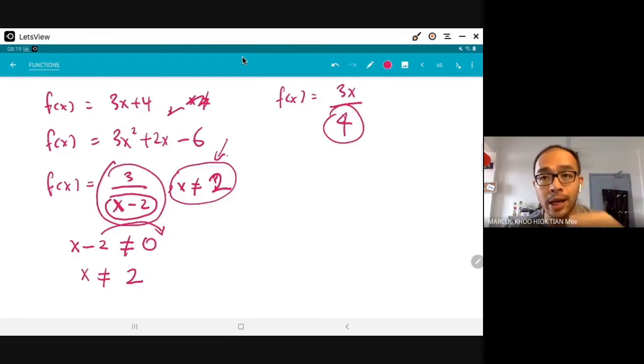Bahagian bawah pecahan itu, yang kamu panggil denominator, penyebut. Penyebut itu mesti ada x di sana. Baru kamu boleh tulis ini ayat. Tapi kalau penyebut kamu is only a number, don't need lah, tak payah sibuk.